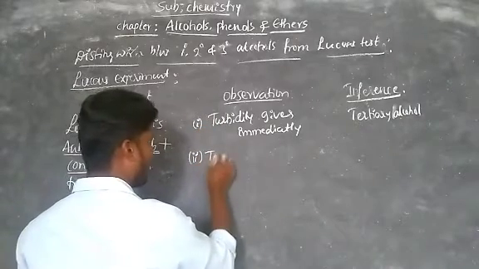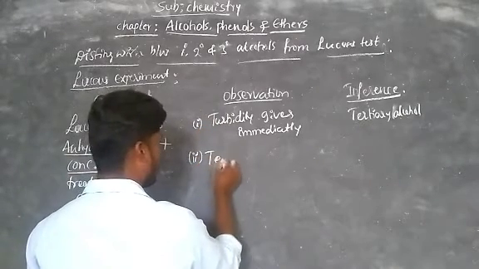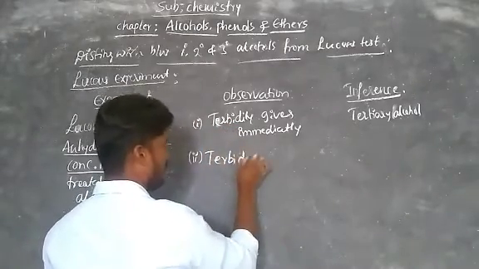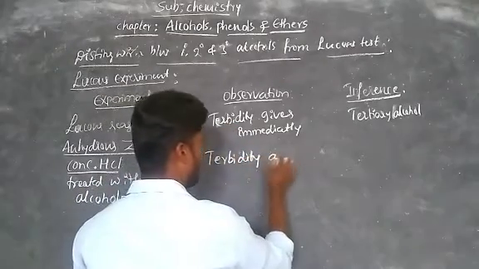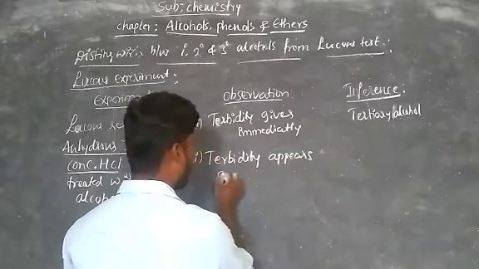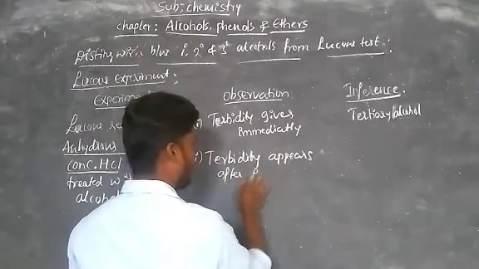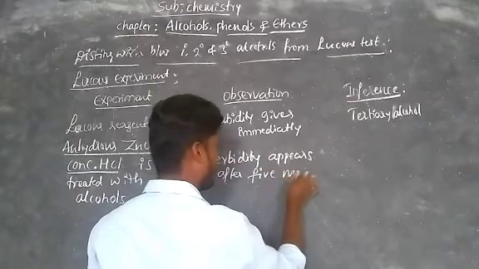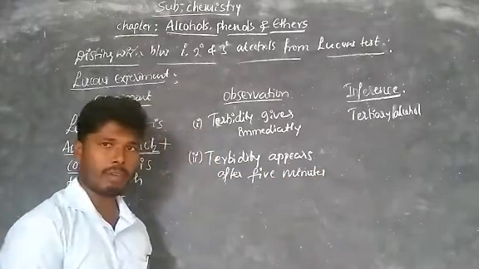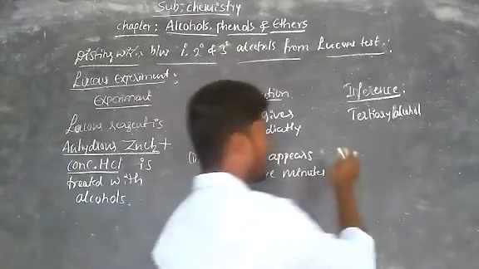Second one, if turbidity appears after a few minutes, or after 5 minutes, it is called a secondary alcohol.